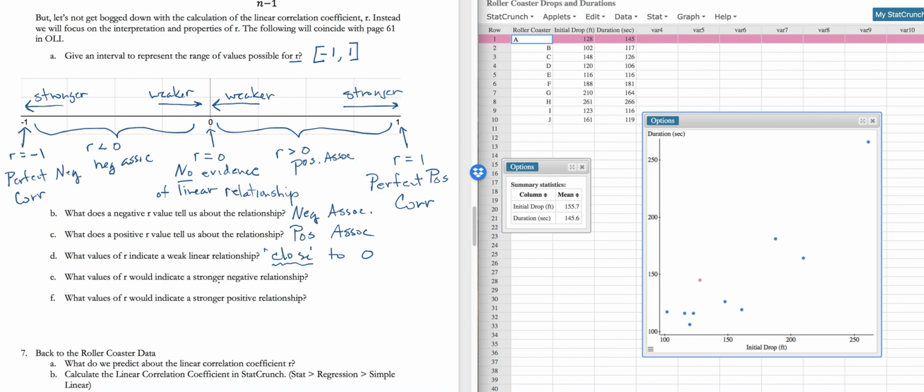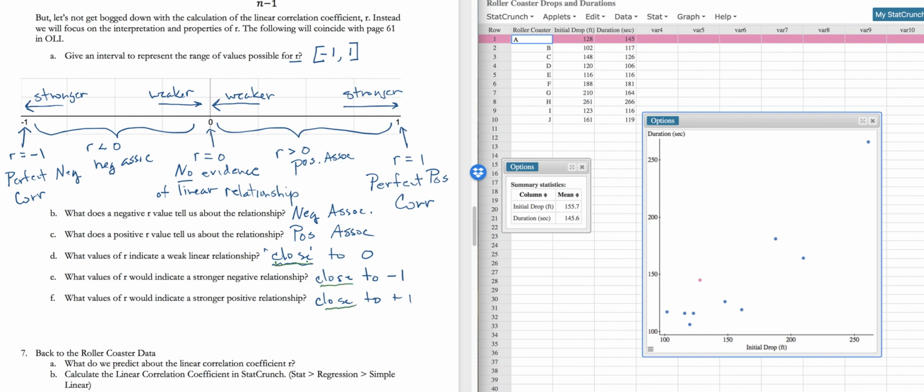What values of R indicate a stronger negative relationship? Well, that would have to be close to -1. What R values indicate a stronger positive relationship? That would be close to +1. But we're left with close, close, close.